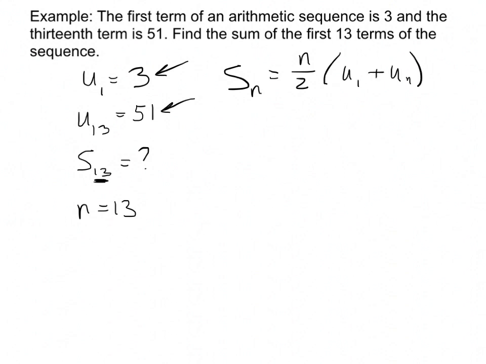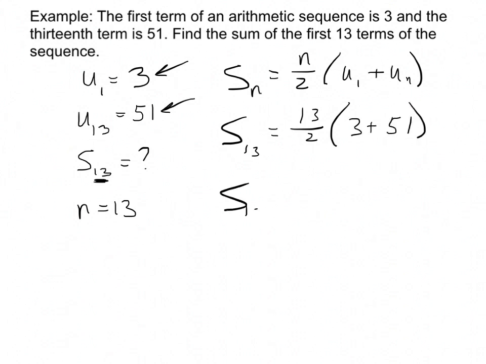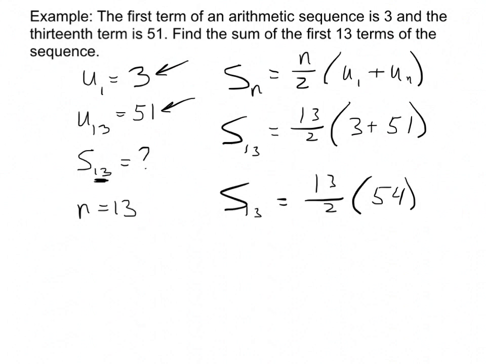Okay? And like I said, these are simple problems. We're just going to plug things in. S13, the sum of the first 13 terms, will be 13 over 2 times 3 plus 51. That ends up being 13 over 2 times 54. Sometimes these problems will be non-calculator problems. When this does happen, please don't divide this and get 6.5.